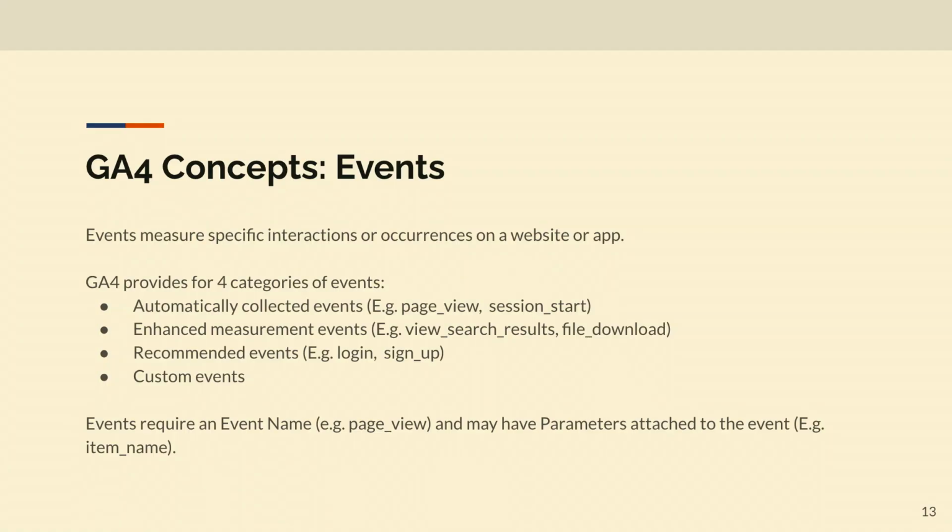And then custom events. You can make your own. Events require an event name and may have parameters attached. Generally, when Google Analytics receives an event with an event name, it increments the count of that event for that session. And if there are parameters, those are passed to it as well.